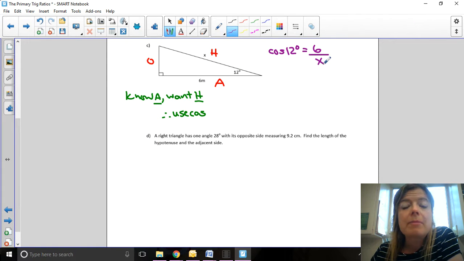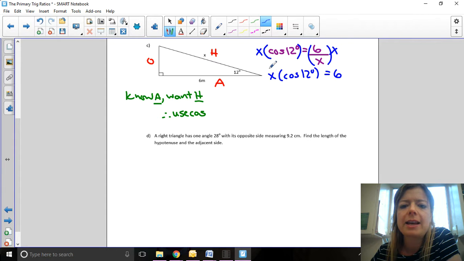So this is a little different because our unknown is in the denominator. So some students have trouble with that. But all you have to do is multiply both sides by x first. That brings x up top. So then we get x times cos 12 degrees equals 6. And now we want to get x by itself, so we divide both sides by cos 12 degrees.